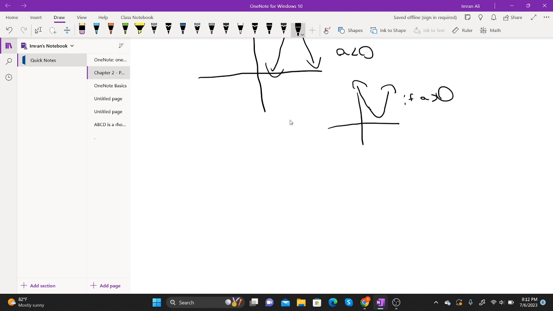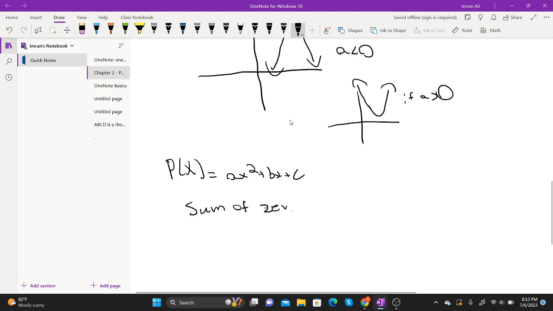The main thing you need to know is if you have a quadratic polynomial p of x in the form ax squared plus bx plus c, then the sum of the zeros of this quadratic is going to be negative b over a, always, and the product of zeros is going to be c over a, always.